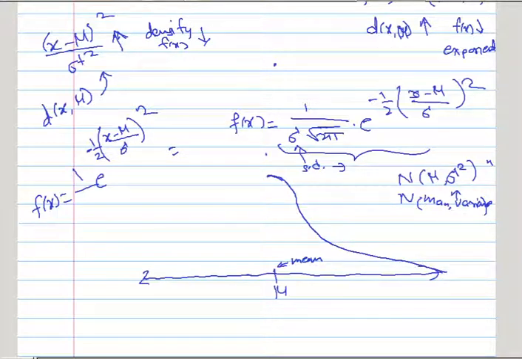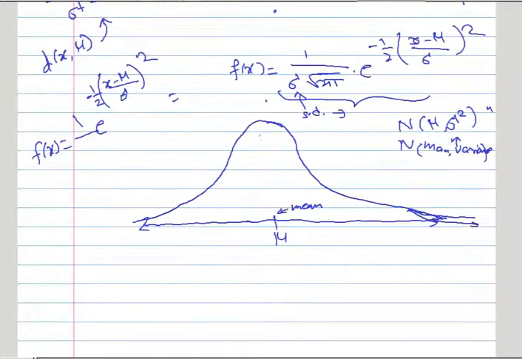Similarly, the same thing will happen on the other side. It will never touch the x-axis. It will act as an asymptote to the x-axis. You will reach zero on the x-axis only when you reach infinity, but reaching infinity is a hypothetical thing. So this will be the curve of the univariate normal distribution with mu and sigma square.